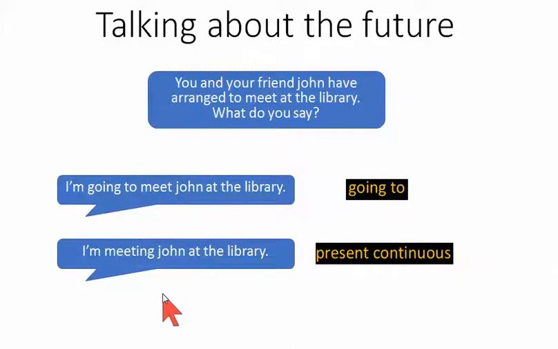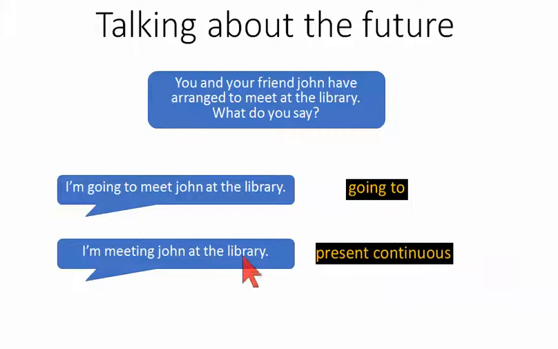Have a look at this one. Okay, the correct answer is I'm meeting John at the library. You have arranged with a friend. In that case, it's an arrangement. It's not my plan, but a plan with somebody else.